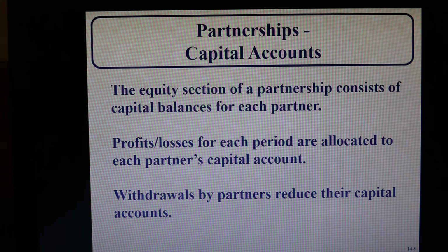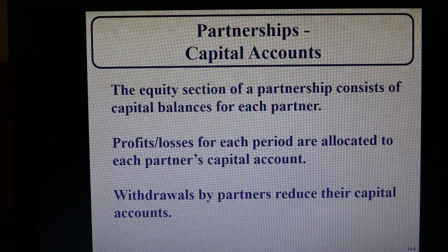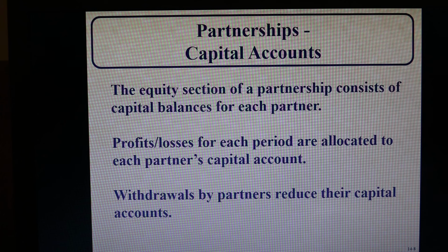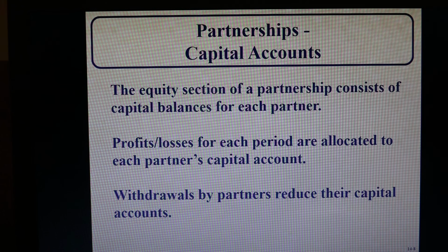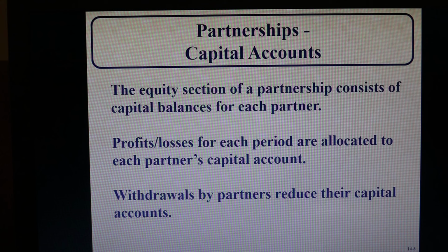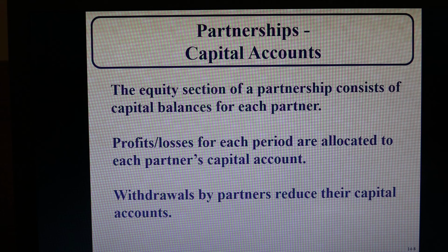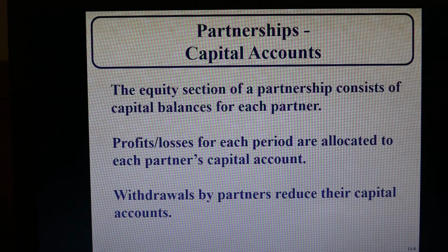Now, the thing that's unique about partnership accounting is the owner's capital accounts, the partner's capital accounts. In corporations, you're going to have shareholders' equity, and FASB requires that to be accounted for, segregated out into its various forms: common stock, additional paid-in capital, retained earnings. Here, you don't have any of that.